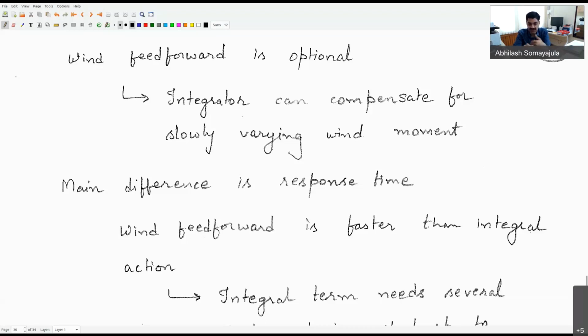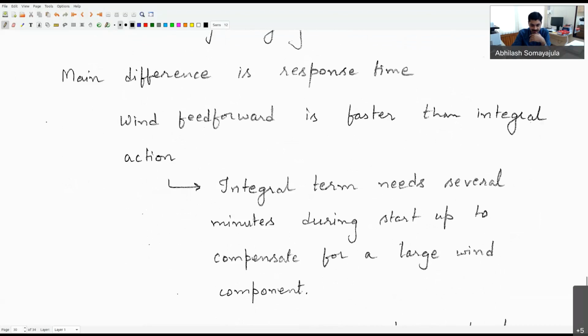If you use a wind feed forward model, you are compensating ahead of time. Before the force can push you off, you are applying a reverse force to keep in place. It's more reactive in nature, rather than the feedback system where I have already experienced a large error and then try to compensate for it. So in that sense, this feed forward is faster than integral action.